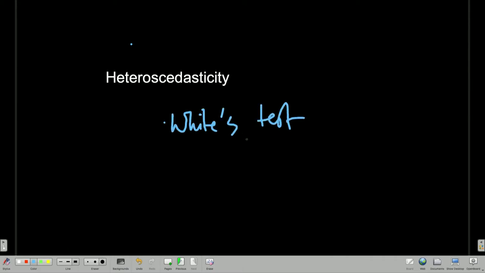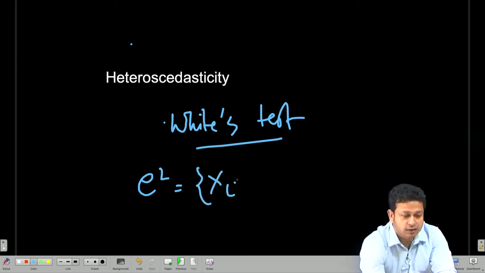Now, how we do it in case of White's test is that we basically use the same idea as the Breusch-Pagan test, where my dependent variable is going to be the error square. However, for my independent variables, I am going to incorporate many other variables here. Let's say I have all the xi's, and then all the squares of the xi's.